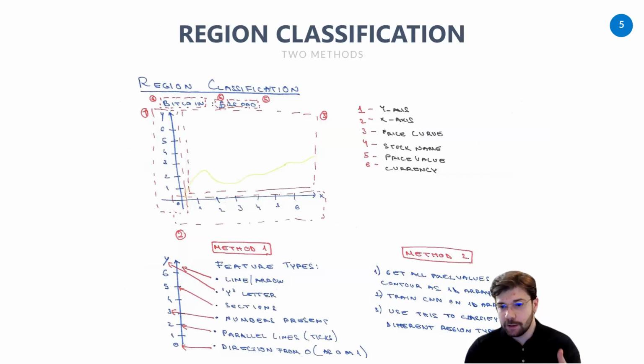The second type of method is for me to pretty much pass all the different pixels and everything into the convolutional neural network, and then let the convolutional neural network understand the difference between, for example, the y-axis or the x-axis or the price.